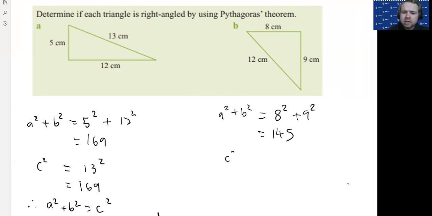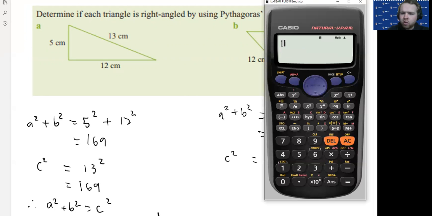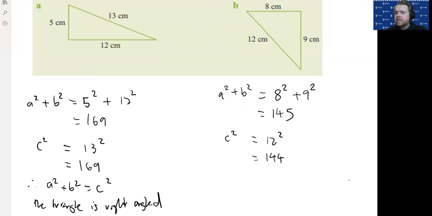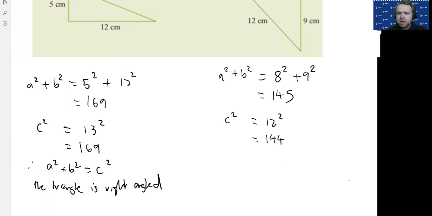Then c squared is going to be 12 squared, and we get 144. We can see we're really, really close, but it's not the same. It has to be exactly the same. That's what Pythagoras' theorem says. Not almost, exactly the same. So therefore, a squared plus b squared does not equal c squared.